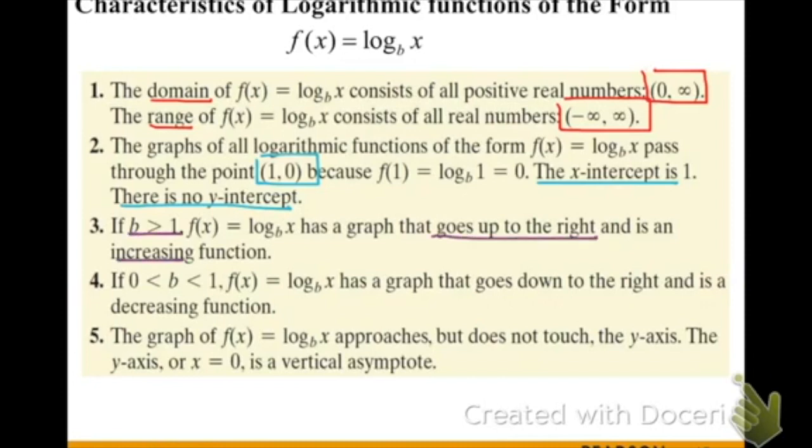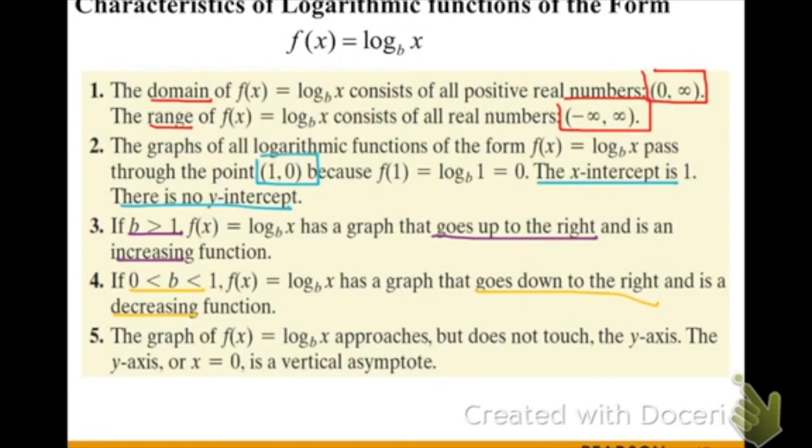Another fun part is that just like the base had played a big part in the exponential function, it's the same thing here with the logarithmic function. If the base is greater than 1, then this is going to be increasing to the right as an increasing function. So we'll start at that y-axis going all the way from negative infinity and keep growing to the right.